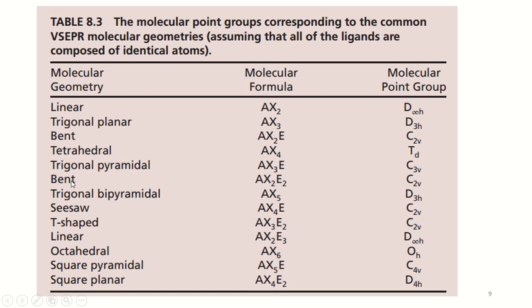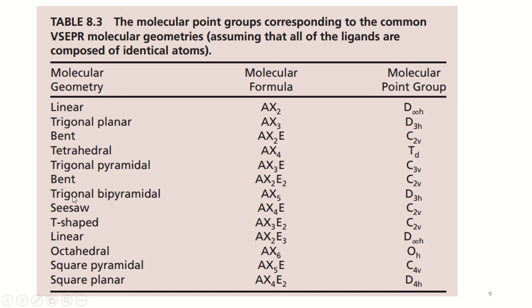While in case of bent geometry but with molecular formula AX2E2, there is a possibility of C2v again, because we have already discussed a bent molecular geometry with AX2E. So if there is one lone pair or two lone pairs, the point group would be the same, C2v.